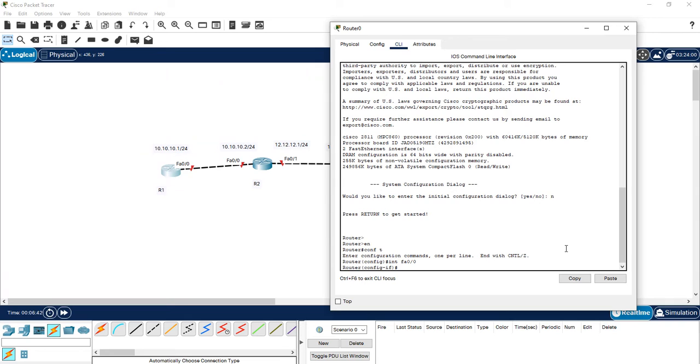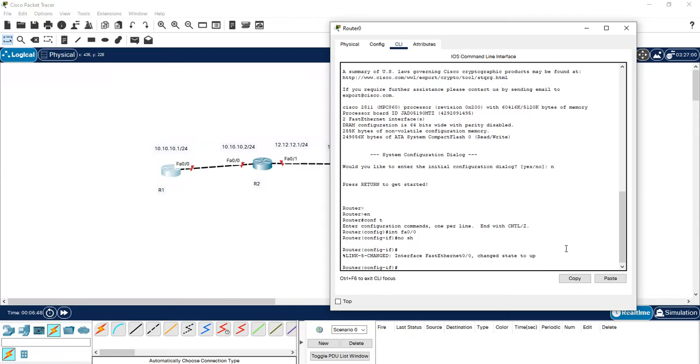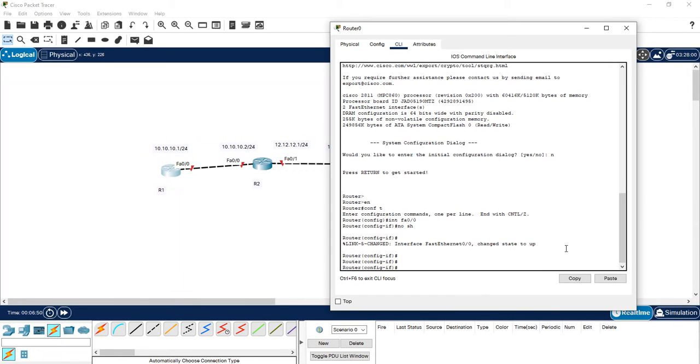Then we put on the router, no shutdown. Then we put the IP address, and the subnet mask is 255.255.255.0.